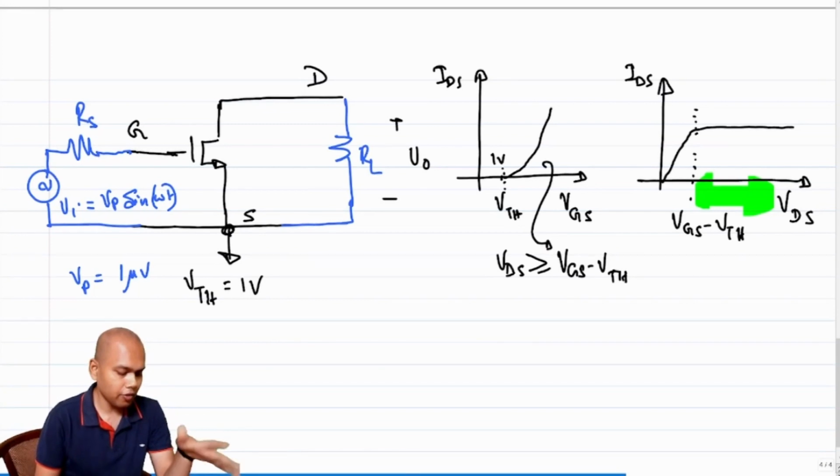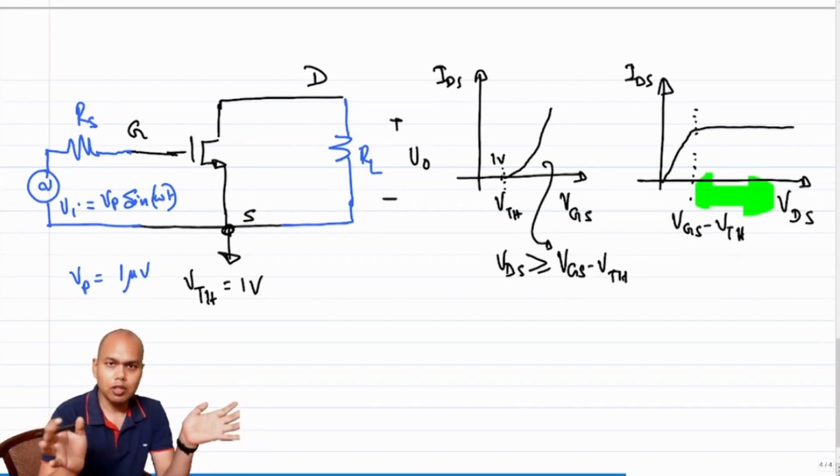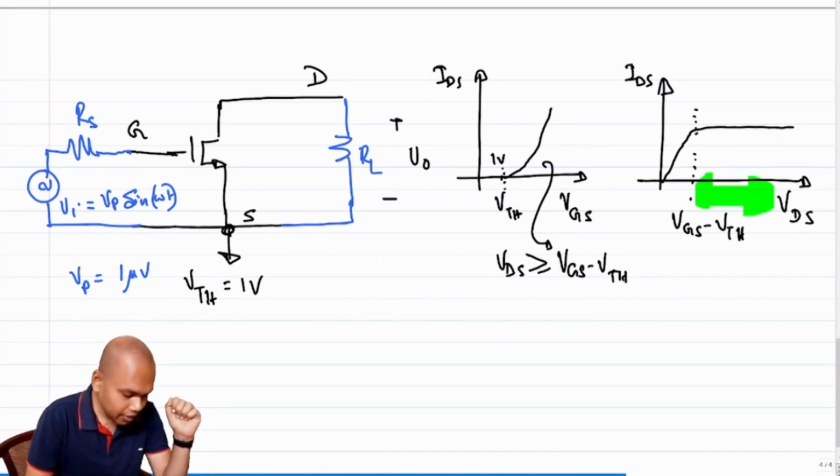The first plot you got by varying the voltage between gate and source while keeping the drain to source voltage constant. The right hand side plot we got by varying the voltage between drain and source while keeping the gate to source voltage constant.